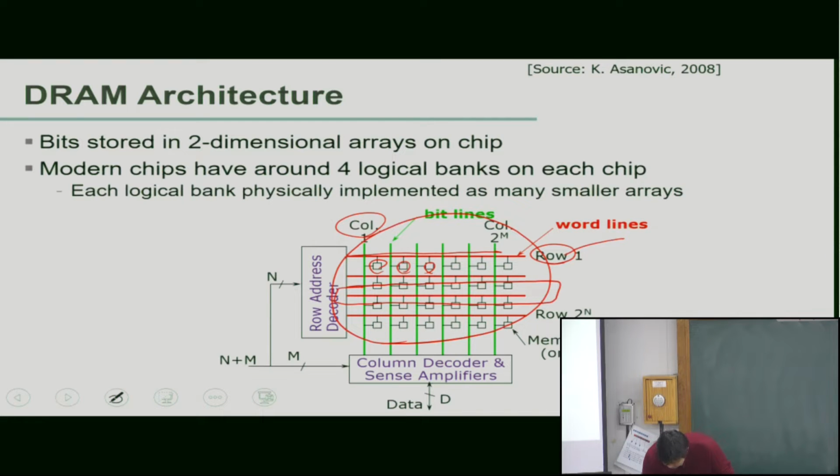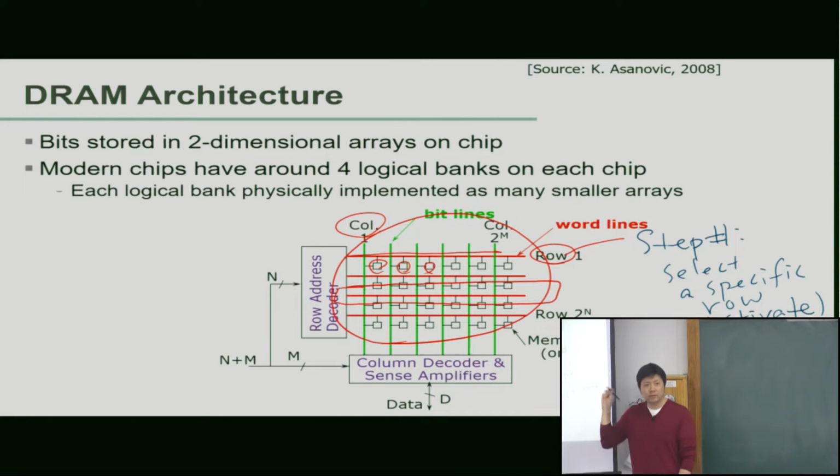So in step 1, you select a specific row, and this is called activate. So if you want to access a specific cell, you first select a row.